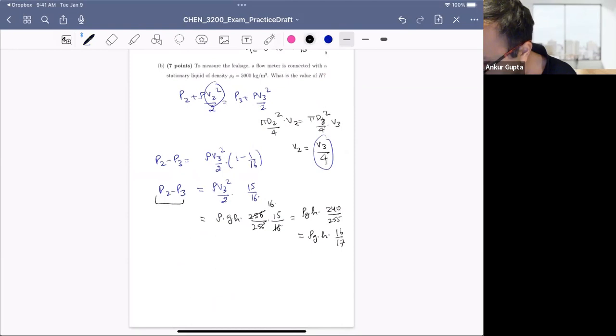So this becomes rho 2 minus rho 1 G times H is equal to rho GH 16 by 17. And so nicely, G cancels.